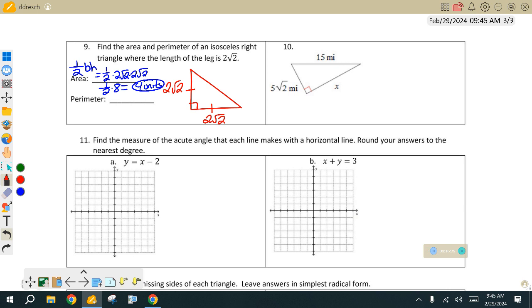Leg is what? 2 root 2. What's 2 root 2 times root 2? 4. Okay. So the hypotenuse is what? 4. 2 root 2 times the square root of 2, which is, as you said, 4.